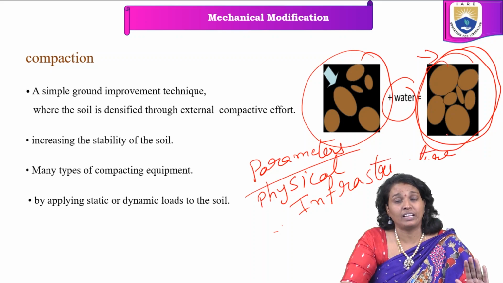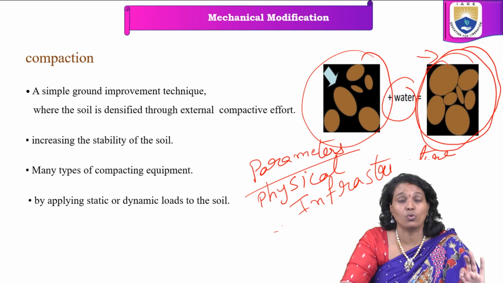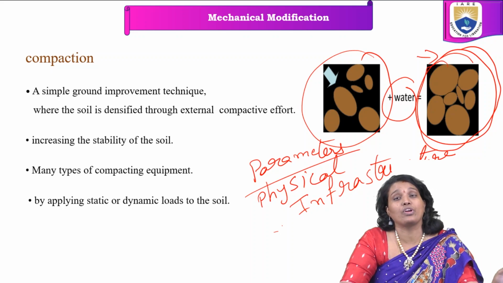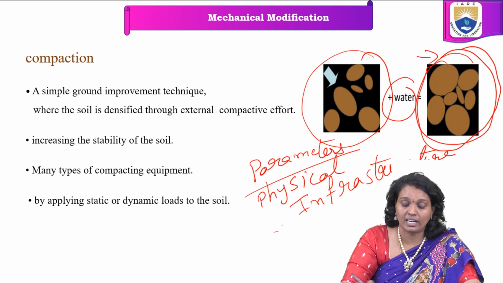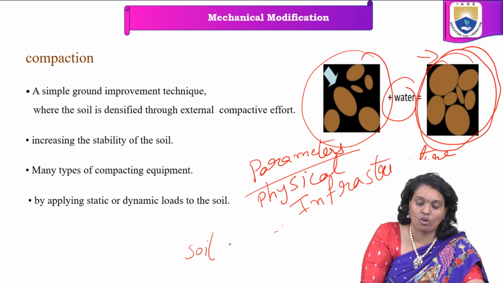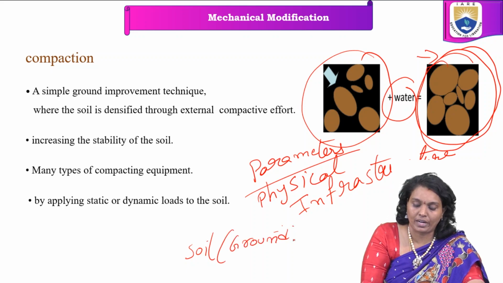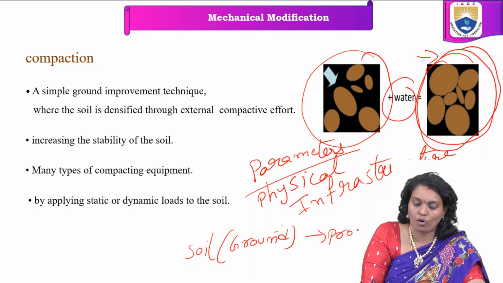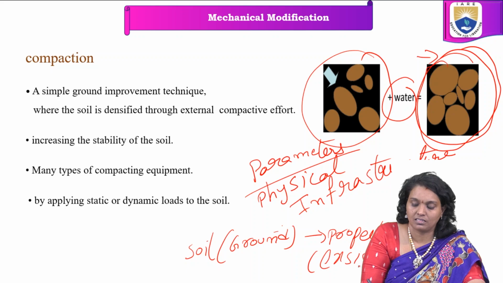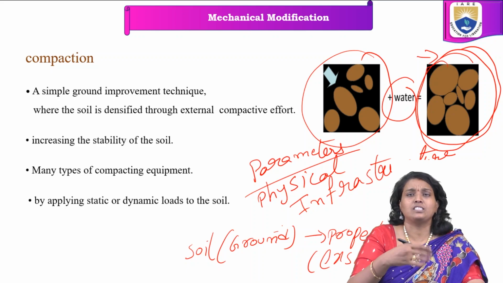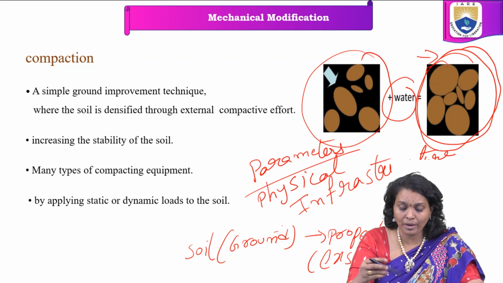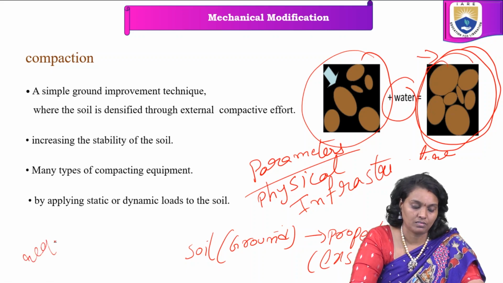For the physical infrastructure which is going to be constructed or designed in that particular locality and region, the ground has different types of properties, and these existing properties must be considered as per the requirement of the construction work.